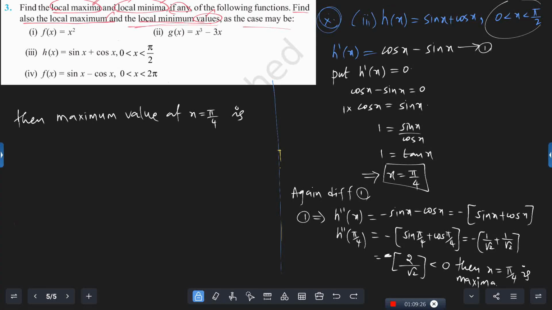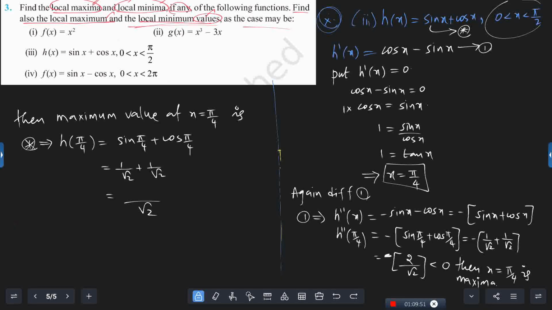Taking the given question as the star point, star point implies h of pi by 4 which is equal to sin pi by 4 plus cos pi by 4. Sin pi by 4 is 1 by root 2, cos also 1 by root 2.